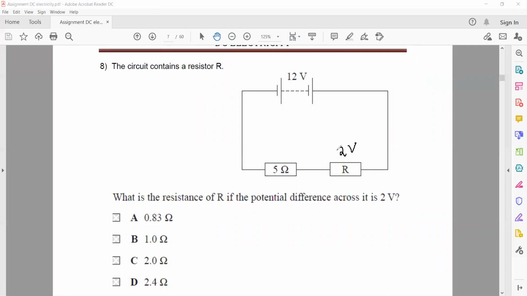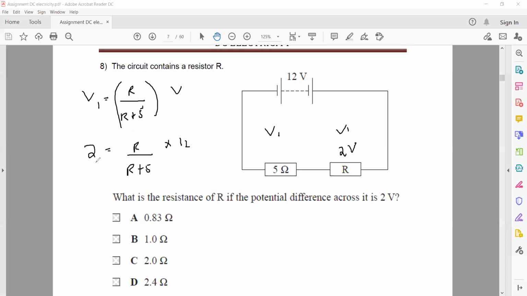If I say the voltage here is V1 and the voltage here is V2, then V1 is equal to the resistance of that part divided by the sum of the resistances, multiplied by the combined voltage V. So that's 2 volts equals R divided by R plus 5, into the combined voltage, that is 12.